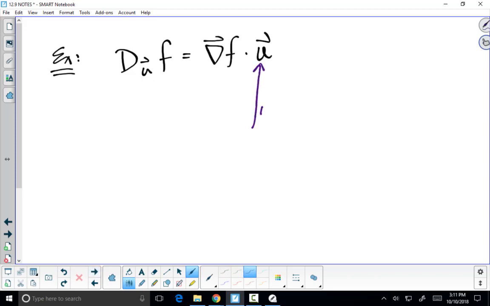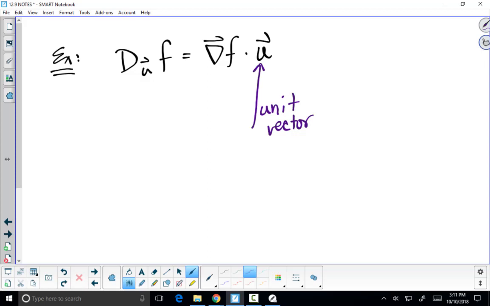That has to be a unit vector. That is the biggest mistake that I see, dotting with a general vector and not a unit vector. So make absolutely certain that you make that a unit vector. It has to be a unit vector.